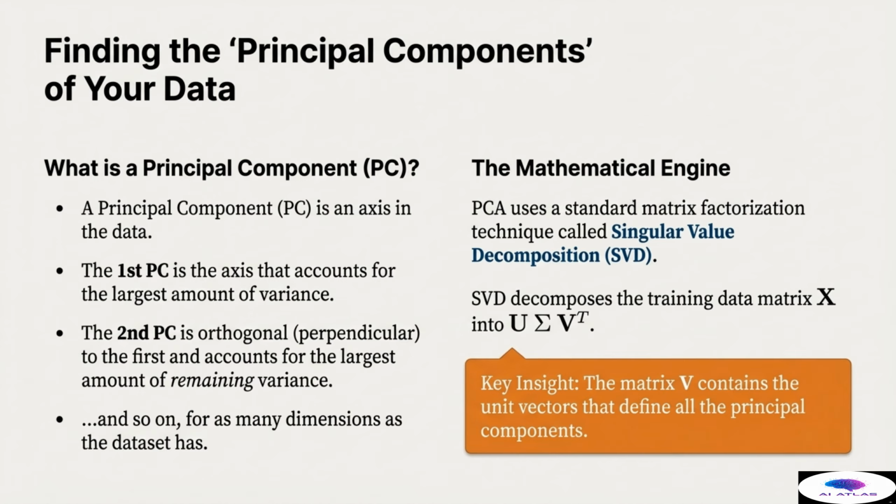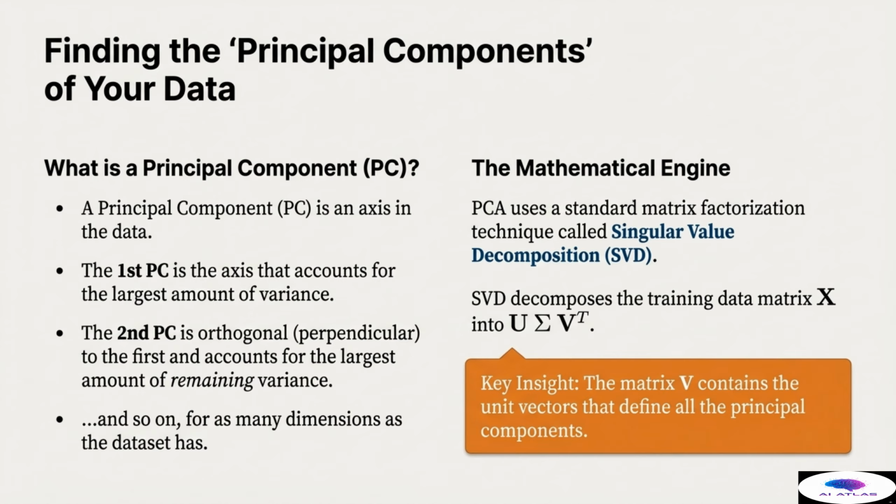Once that is established, the second PC is chosen to be strictly orthogonal, meaning perpendicular to the first, and it accounts for the largest amount of the remaining variance that was not captured by the first. This process continues, finding subsequent components that are orthogonal to all previous components and capture the maximum amount of residual variance, for as many dimensions as the dataset possesses.